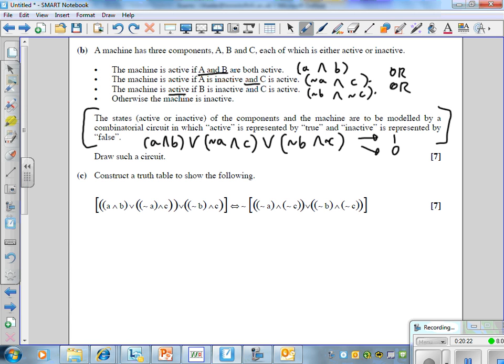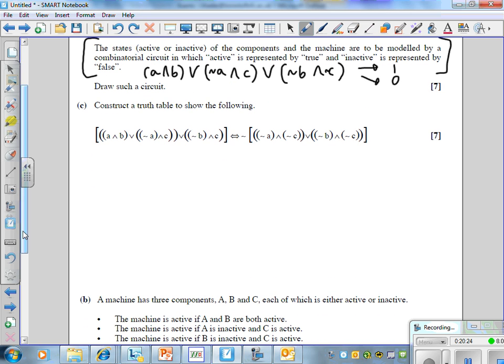If it's inactive, it's represented by a false. And that's what it says in this sentence there. Okay, draw such a circuit.